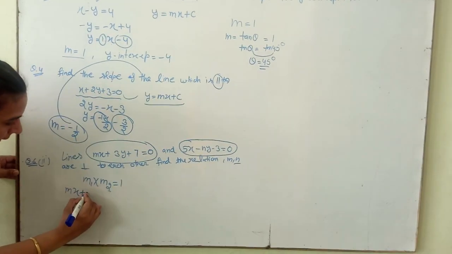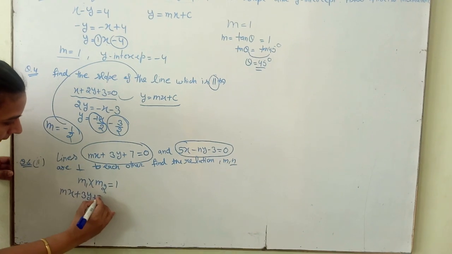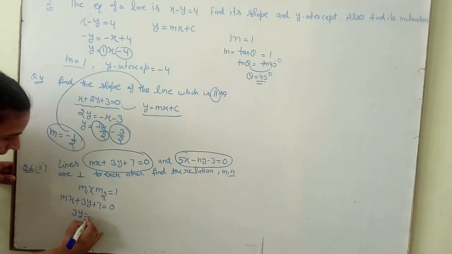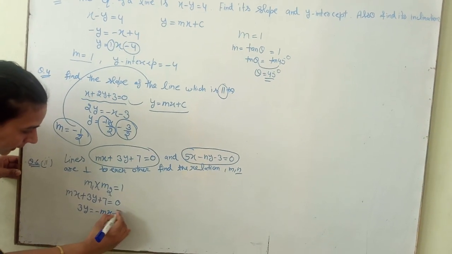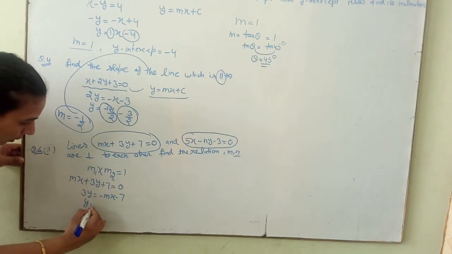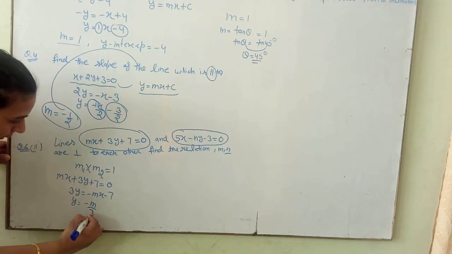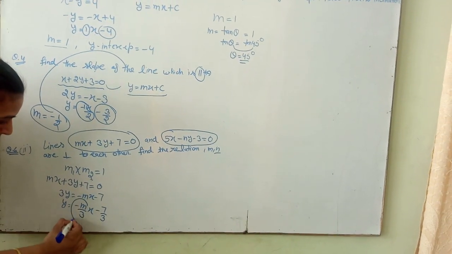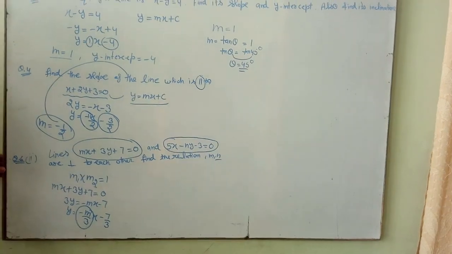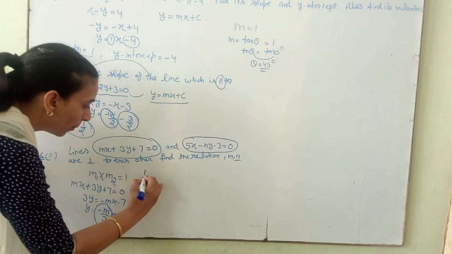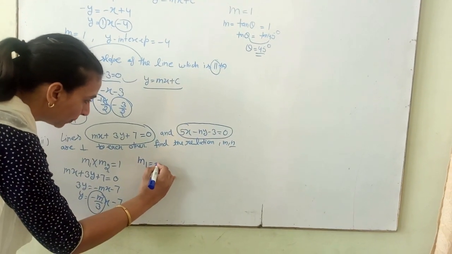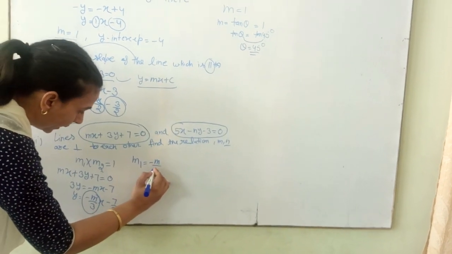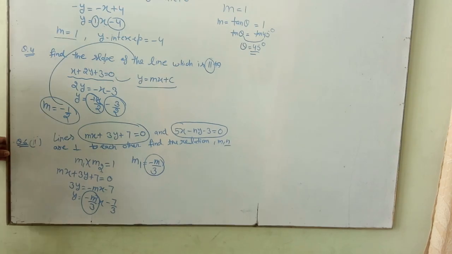mx plus 3y plus 7 equal to 0. 3y equal to minus mx minus 7, and y equal to minus m by 3 x minus 7 by 3. Then the slope of this line is minus m by 3. Let the slope of the first line be m1, and m1 equal to minus m by 3.